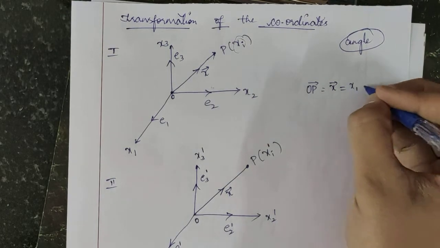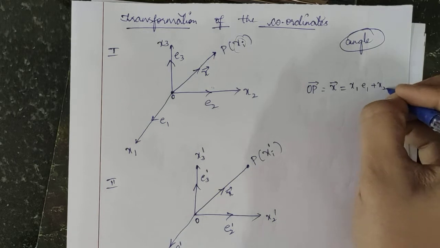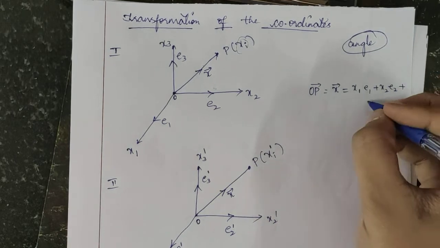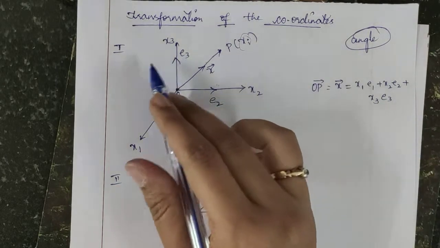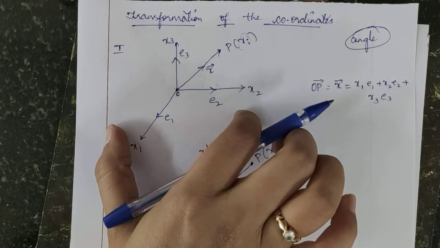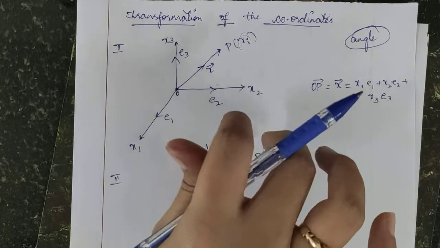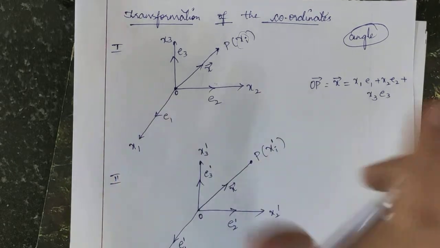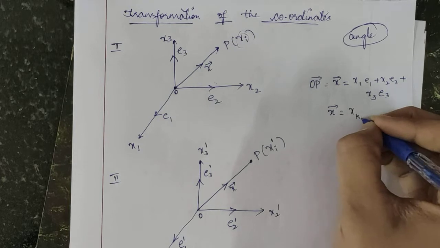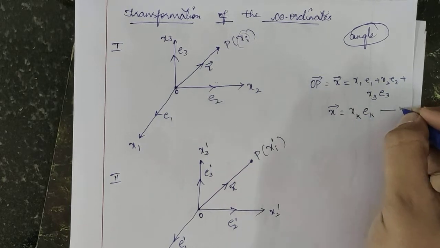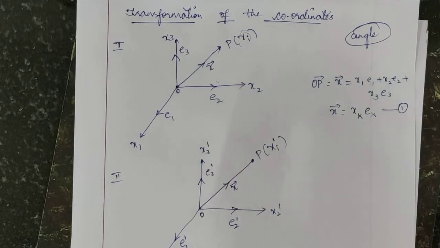That means x1 e1 plus x2 e2 plus x3 e3. So for first figure, or I can say that in the first configuration I can write vector x as xk ek. I will call this as my equation number 1.